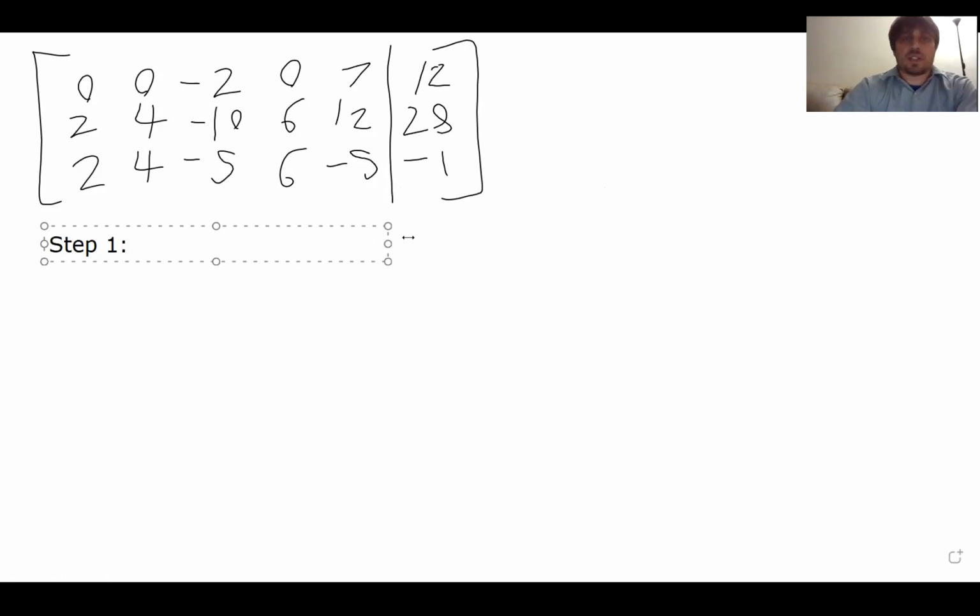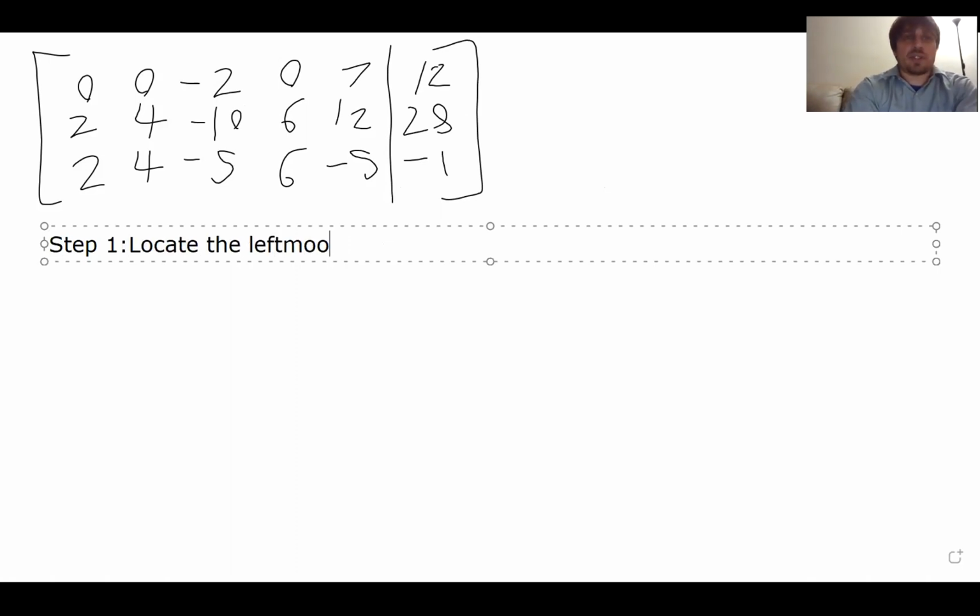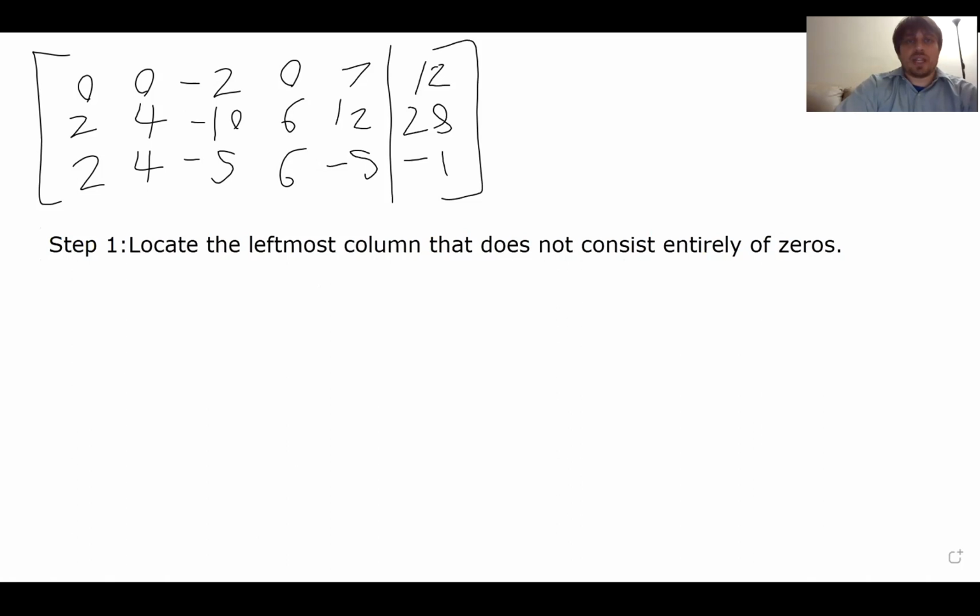So for step 1, we're going to locate the leftmost column that does not consist entirely of zeros. Okay, so we want to locate the leftmost column that does not consist entirely of zeros.